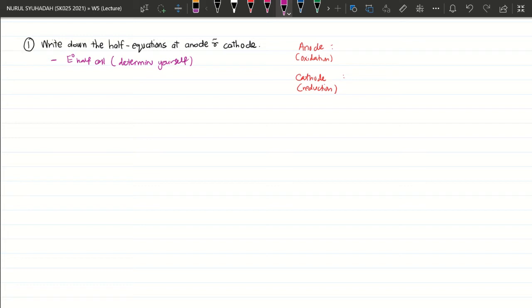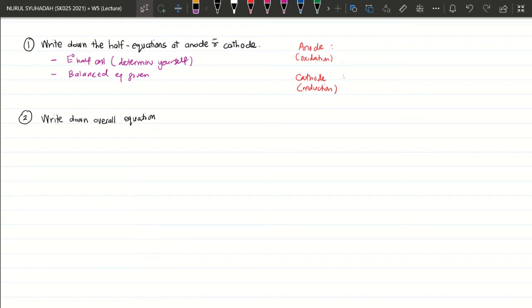Or there will be some questions where the question already gives you the balanced equation. If the balanced equation is already given, your anode and cathode will be based on the balanced equation. Even though the value of the E0 half cell is given, if the equation is already given as well, anode and cathode follow the balanced equation. So that will be the first step.